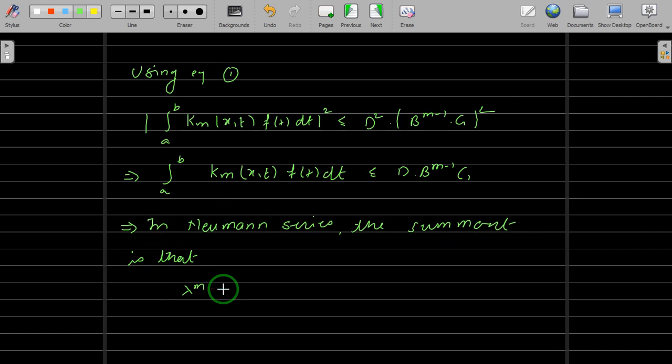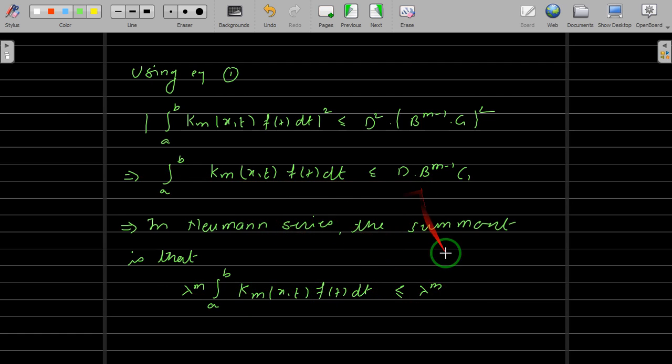lambda raised to m, a to b, k_m(x, t) f(t) dt, this is in your summation, and this is less than or equal to lambda raised to m. So what you are doing, you are multiplying this equation by lambda raised to m, and that will be your summand.